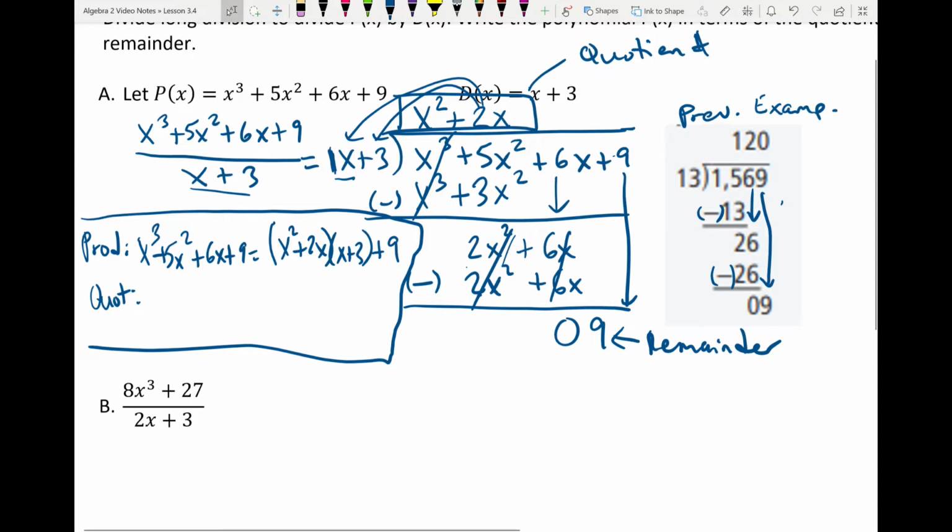Our quotient form is our division problem equals the quotient plus the remainder over the divisor.